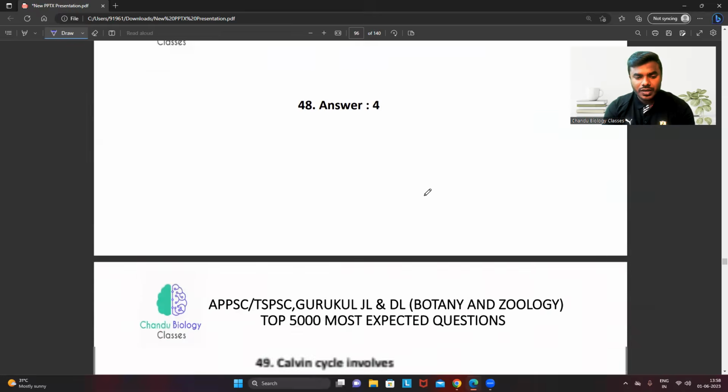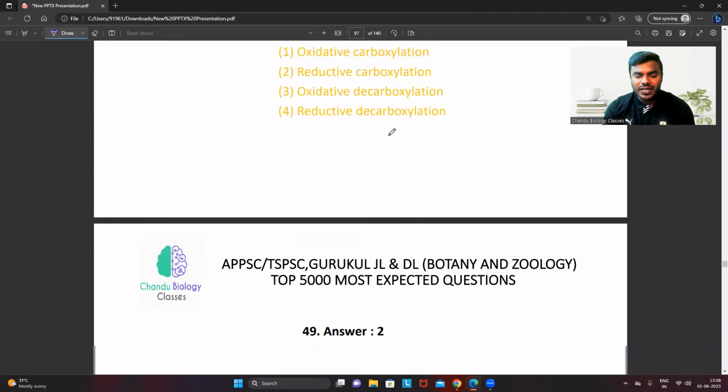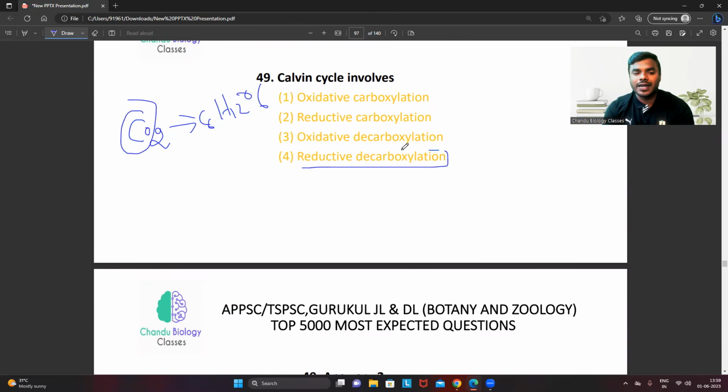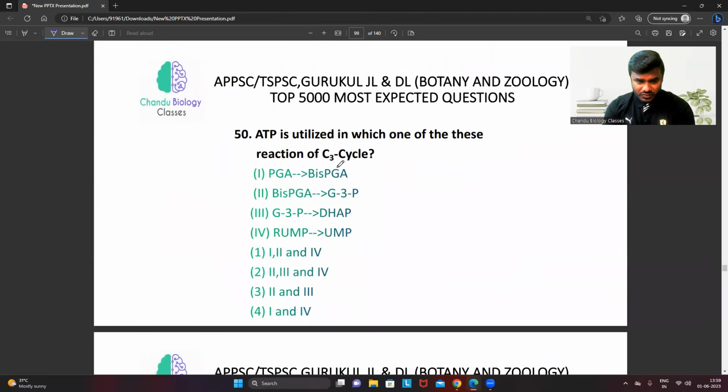Okay. Question number 49. The Calvin cycle involves. Very good question. What are we doing in the Calvin cycle? You tell me. We are reducing the carbon into glucose. Yes or no? Of course, yes. So we are reducing it and we are removing the carbon. That's why we call it reductive decarboxylation. We are removing the carbon to convert into glucose. The answer is 4.